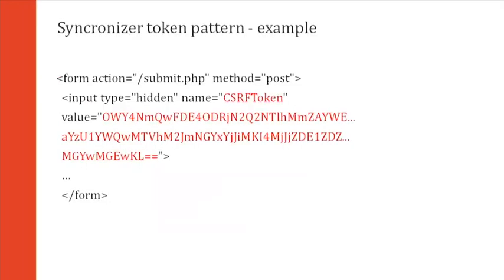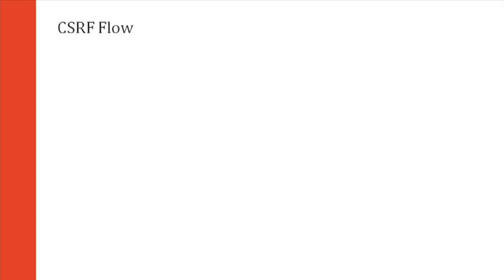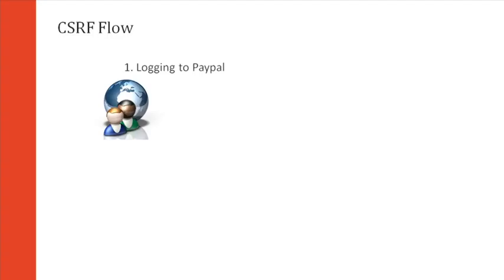So this is an example of a token. Basically, when you connect to Netflix, let's say in this example, we get back that specific token, and every time we want to do another operation in that specific session, we need to send back that token. Let's see the example now with the token implemented.